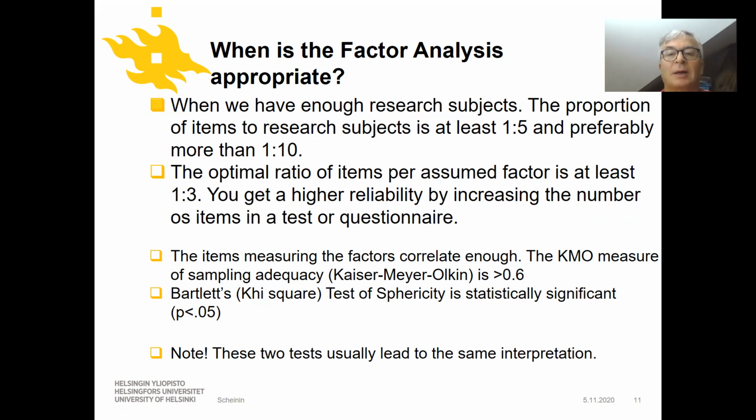Then something like 1 to 5 would be already tolerable, and more than 1 to 5 is better. So 1 to 10 would be really nice. So let's start out with a 100 item questionnaire. Then you would actually need to have at least 500, but it would be nice to have even 1,000 research subjects or cases.